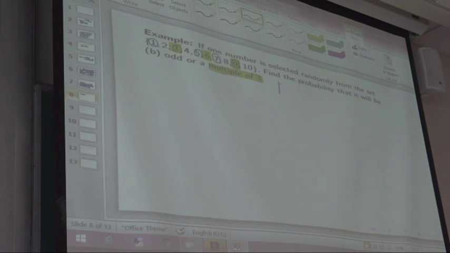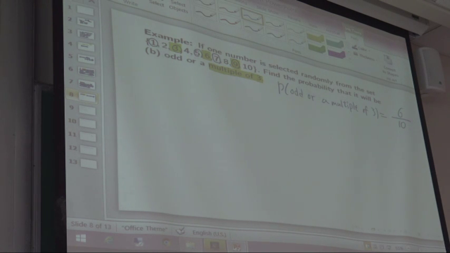So the probability of odd or a multiple of 3: the total sample space is 10. Now let's count how many we have: 1, 3, 5, 6, 7, 9. How many? 6 of them. So the probability is 6 over 10, or 3 over 5.